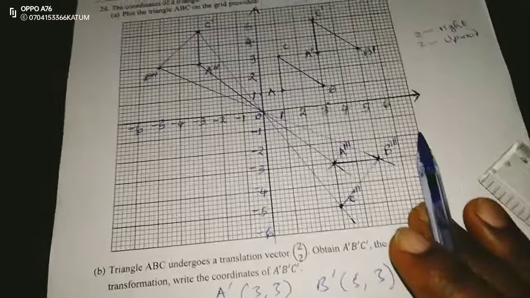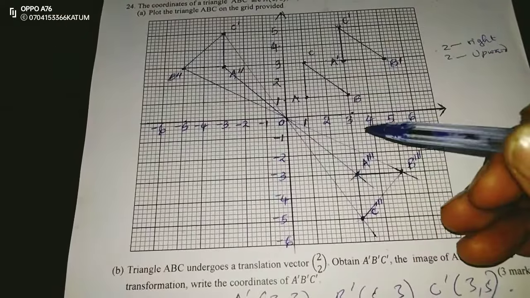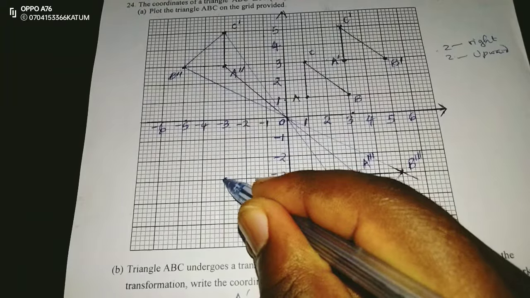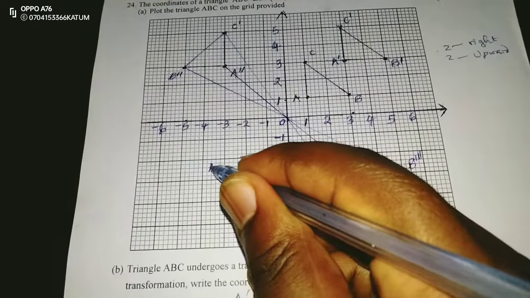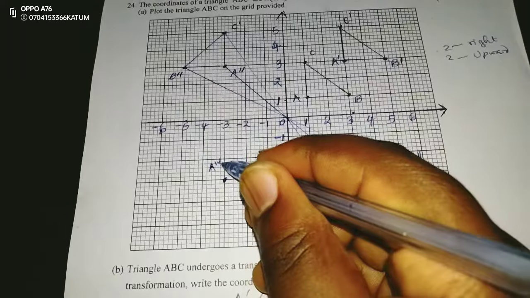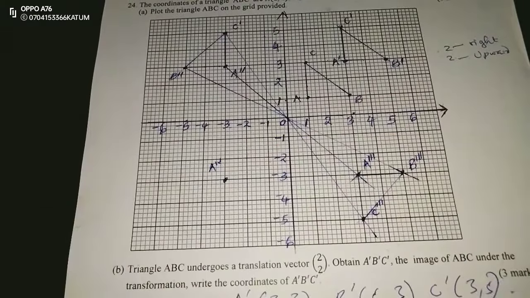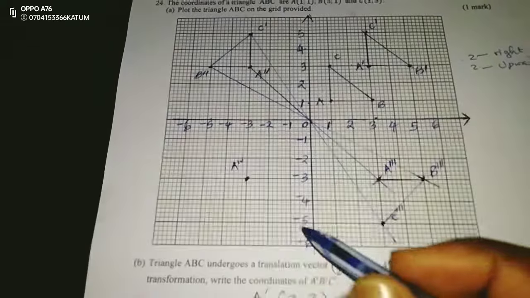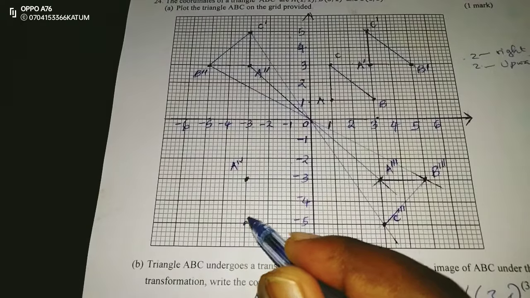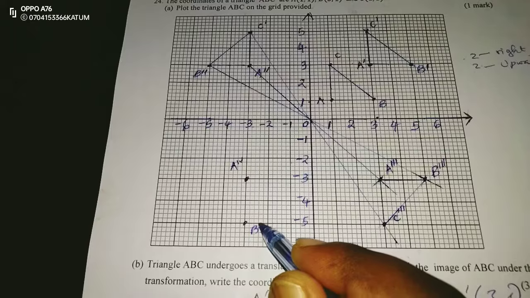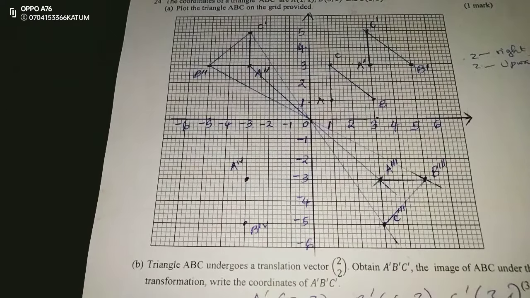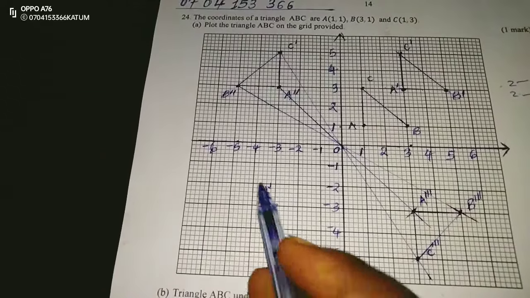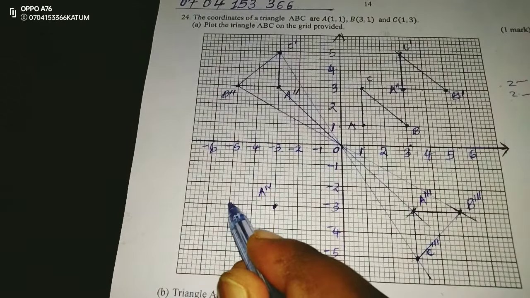So back to the Cartesian plane, -3, -3. This is where A is, the fourth image. Then B, -3, -5. This is where B, the fourth image, is. Then C is -5, -3.